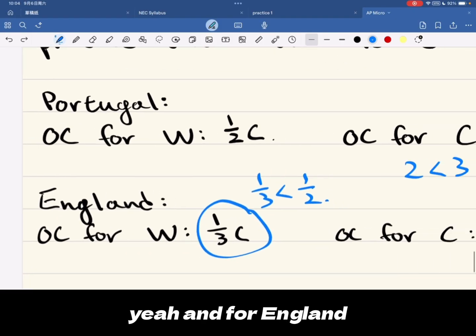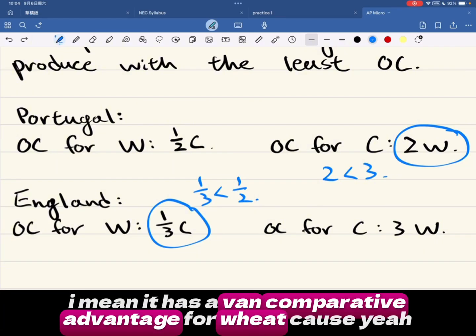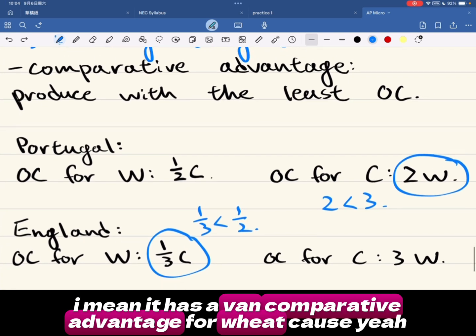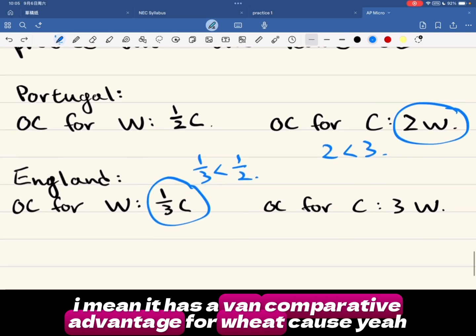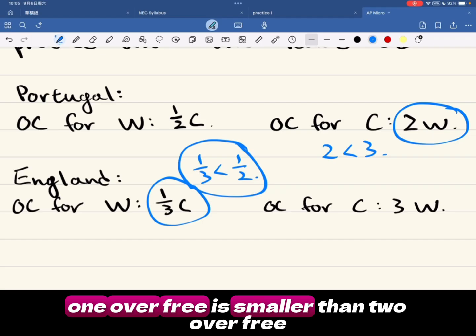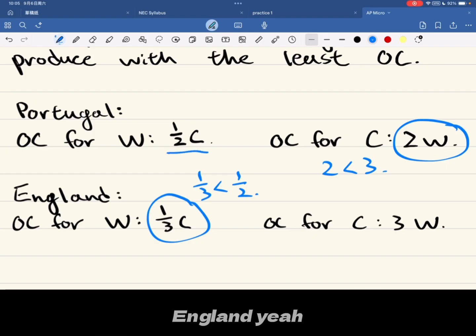And England has comparative advantage for wheat, because 1/3 is smaller than 1/2. So Portugal can also gain an advantage if it trades with England.